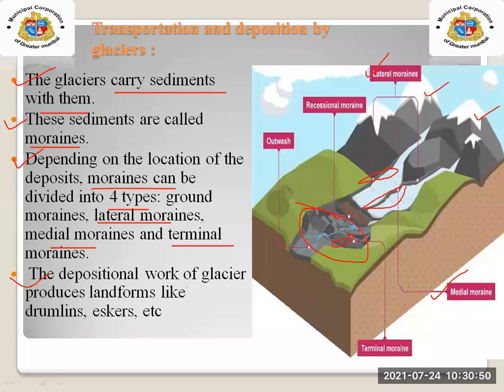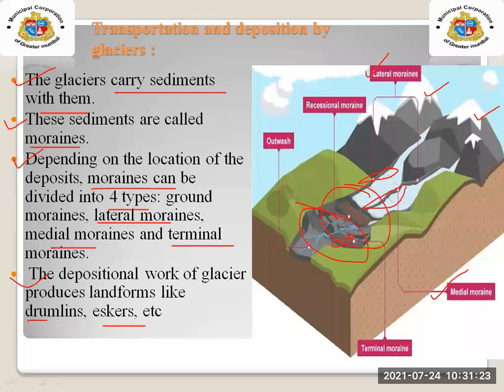The depositional work of glaciers produces landforms. Here the depositional work of the glaciers is going on. That time we can see the land is formed like drumlins, eskers, etc. Now, what are drumlins?